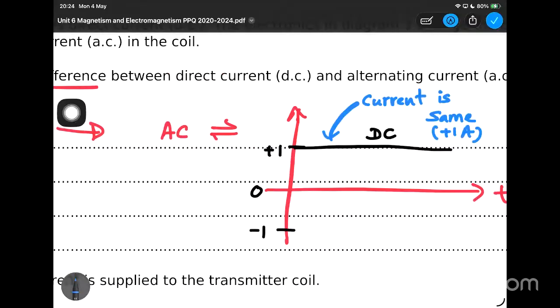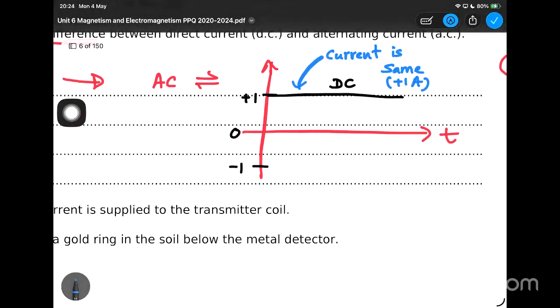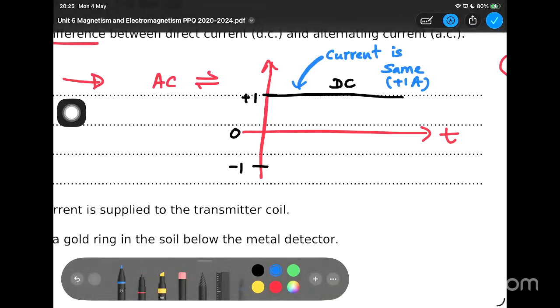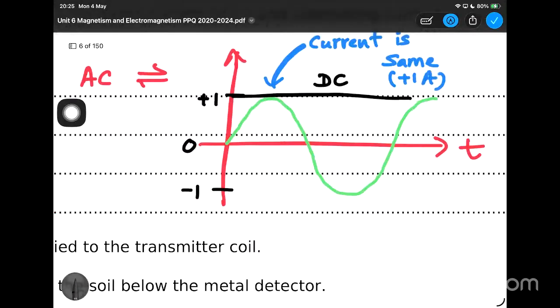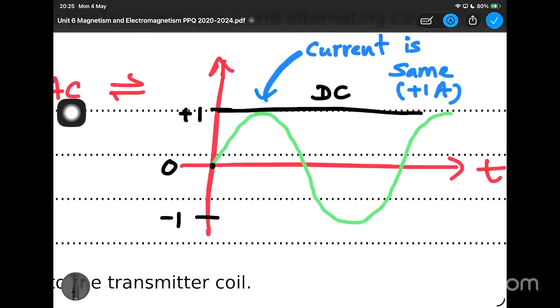But if we consider the alternating current, what will happen is, we'll say we are starting from 0. So at the first few seconds, you will be having +1. Then it will change, go to the -1 part, and again move into the +1 part. So at a given time, this is the 0 value, right? Then you are having 0 amperes. But here you are having +1.